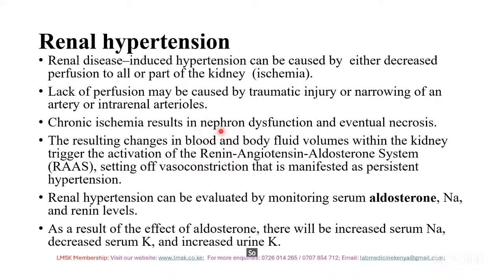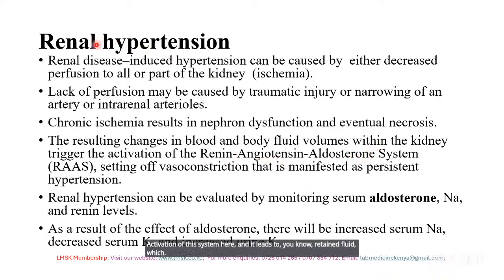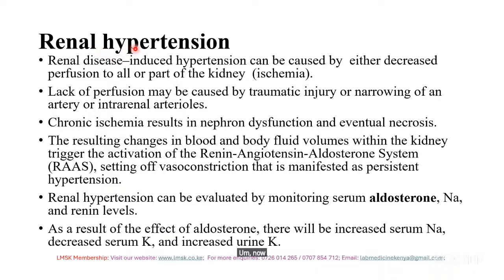So sometimes you can have low fluids in the body, and they lead to activation of this system here, and it leads to retained fluid, which now is detected as high blood pressure, and there are a lot of causes for these ones here.